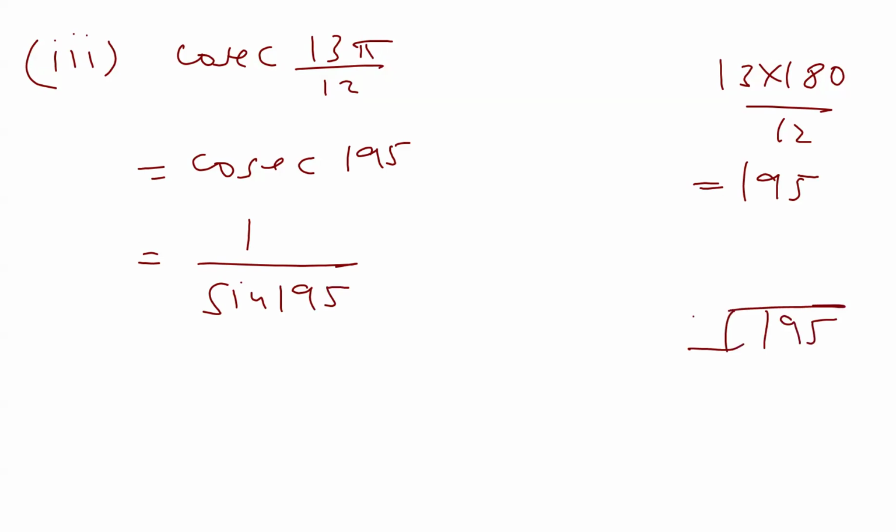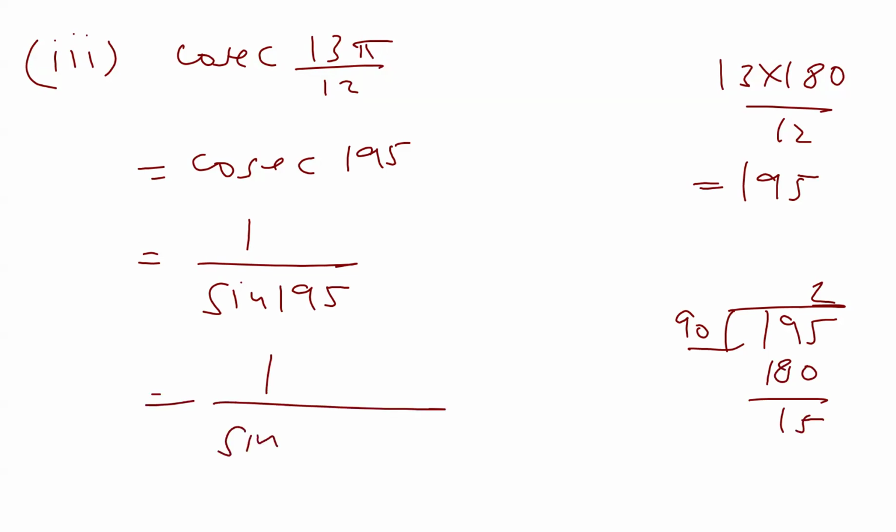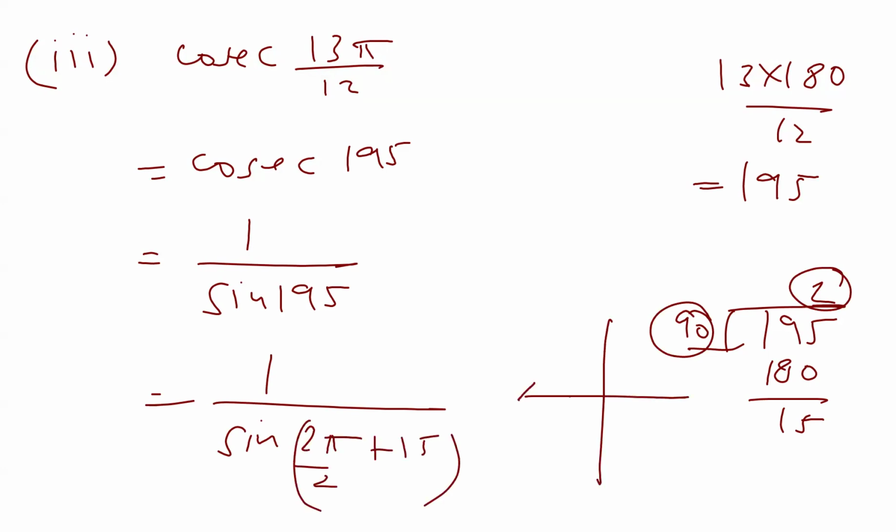195 divided by 90. 2 nineties are 180. So this is 15. So 1 upon sine 2 pi by 2 plus 15. 2 pi by 2 is the negative x-axis, plus anti-clockwise direction.